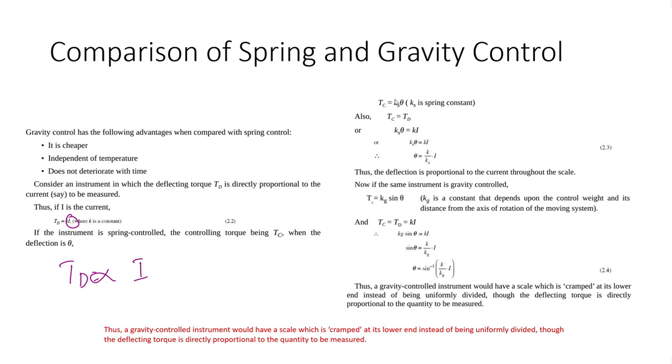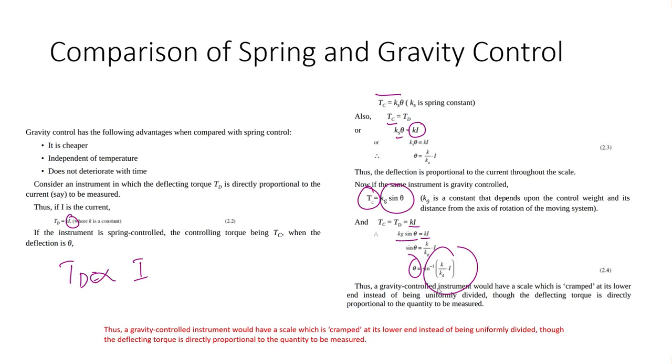So this is the equation for that: the amount of theta that we get is proportional to Ki, the amount of current that we give to this instrument. So Tc is equal to Td. Whereas in this second one, the controlling torque is kg sine theta, so Ki is equal to kg sine theta, and then theta is in terms of sine inverse.